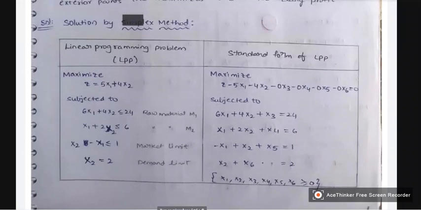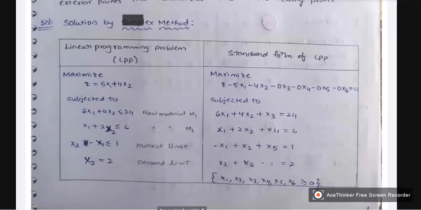Those are: maximize z equals 5x1 plus 4x2, subject to 6x1 plus 4x2 less than or equal to 24, x1 plus 2x2 less than or equal to 6, x2 minus x1 less than or equal to 1, x2 less than or equal to 2. We are converting those to the standard form of the linear programming problem. For this problem we have to add some slack variables. Those depend upon the equations.